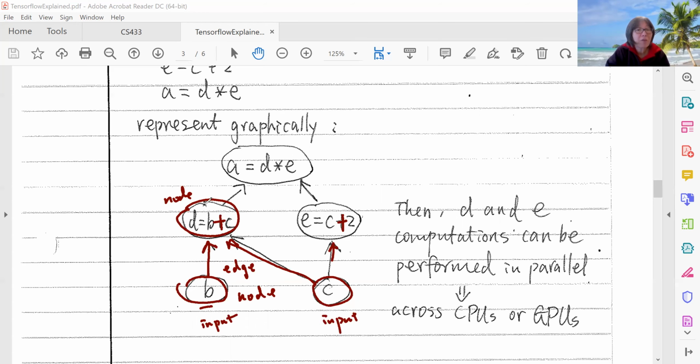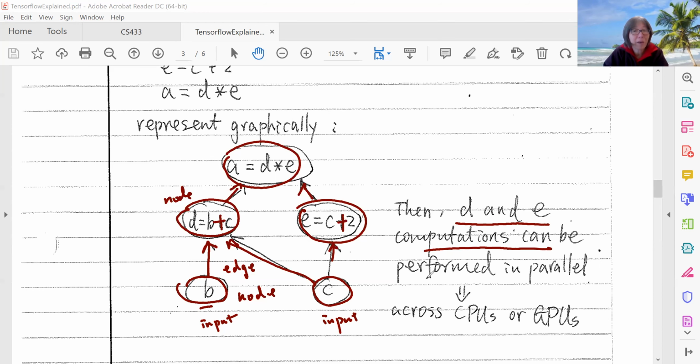Both nodes can simultaneously do their work, and after they finish, they report to another node. So like over here, D and E computation can be performed in parallel. If you have multiple CPUs, you can let it run on two CPUs, or you can distribute it to GPUs to simultaneously conduct the calculation. Then it's faster.